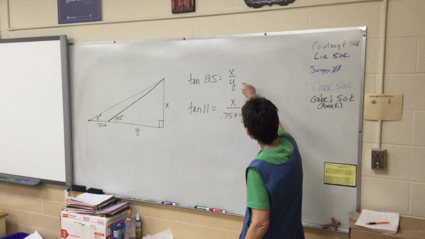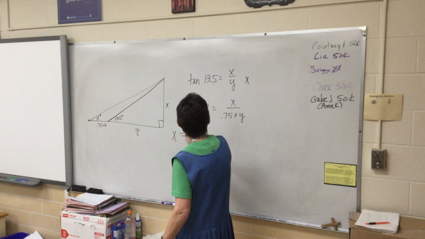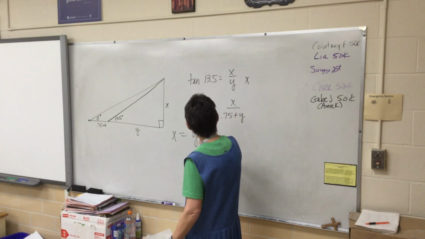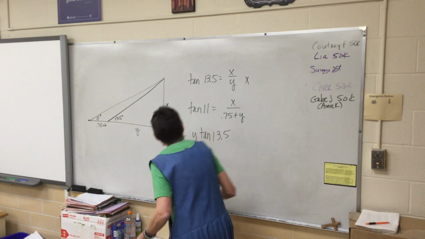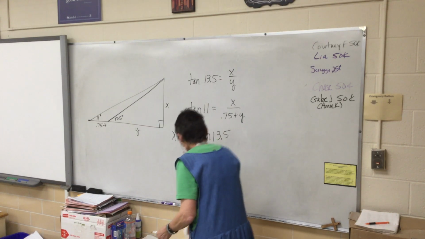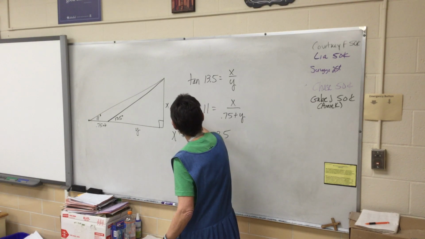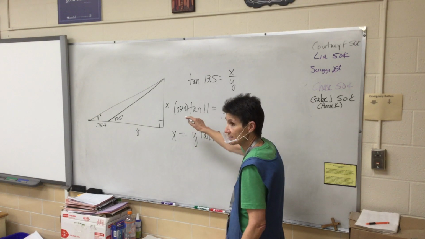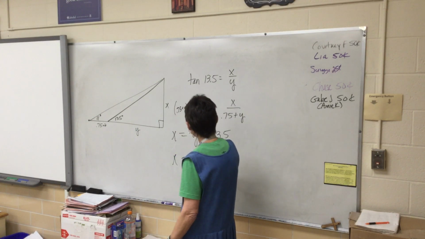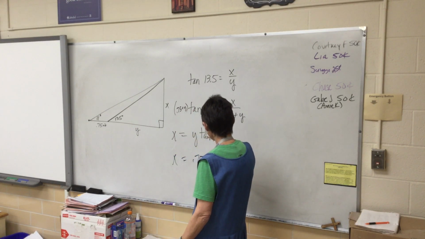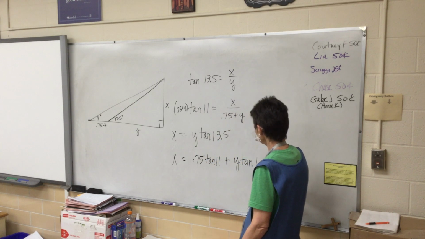So if we get x by itself, it'll be y tan 13.5. And if we get x by itself here, we're going to multiply the 0.75 plus y over to this side. So it's going to say x equals 0.75 tan 11 plus y tan 11.